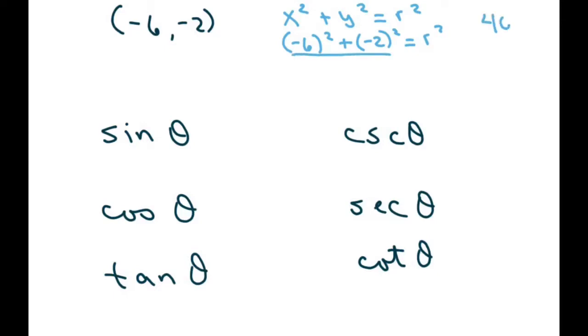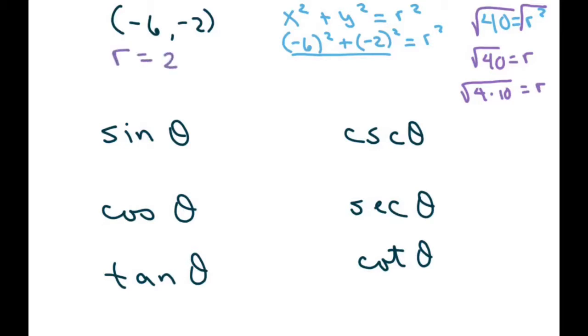So 40 equals r squared. When you square root both sides, r is always positive, so this is going to be the square root of 40 equals r. I'm going to simplify this as 4 times 10. The square root of 4 is 2, so it's going to be 2 square root of 10.